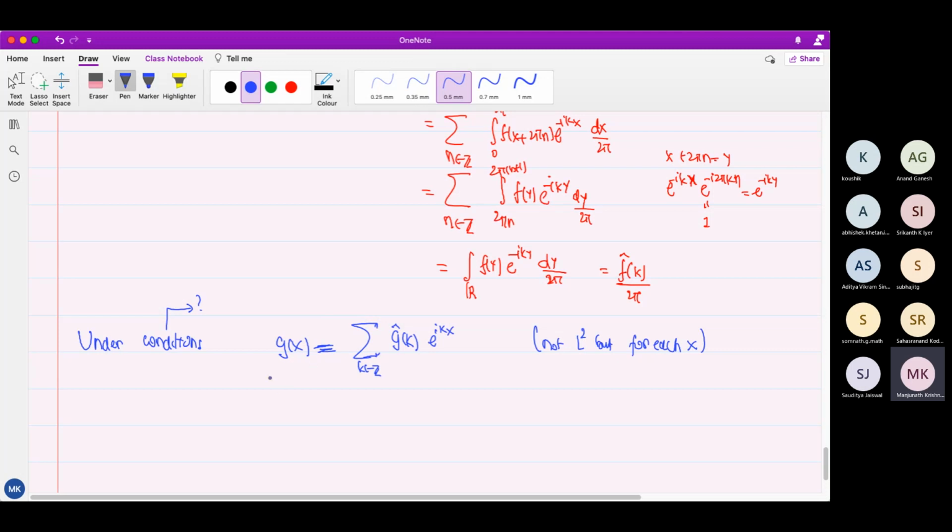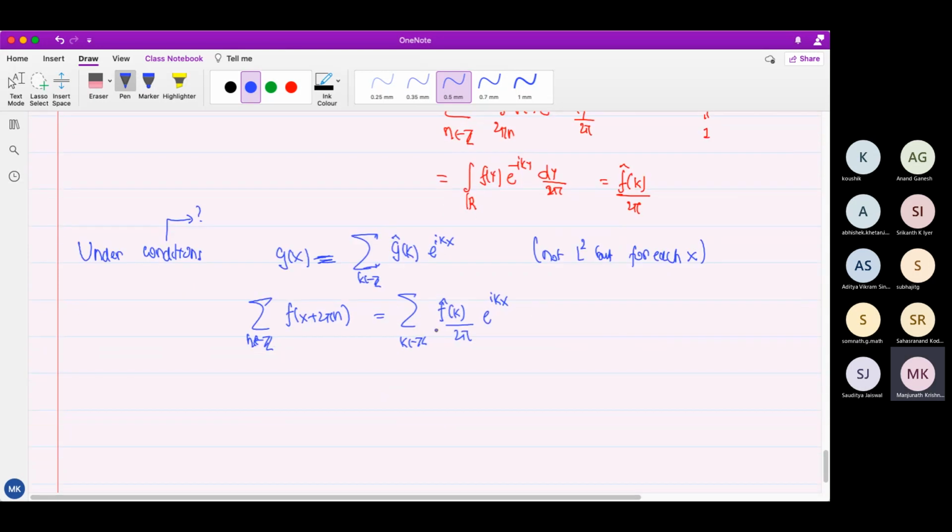So what does that say? So g of x itself is a sum. This is saying that f of x plus 2 pi n is equal to the sum over k in integers. Now g hat of k is f hat of k over 2 pi, times e to the ikx.